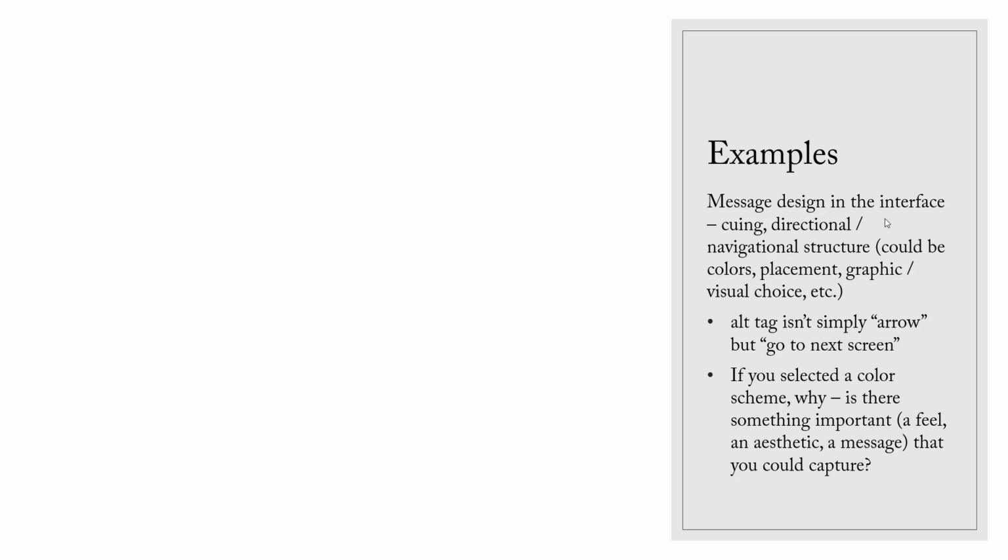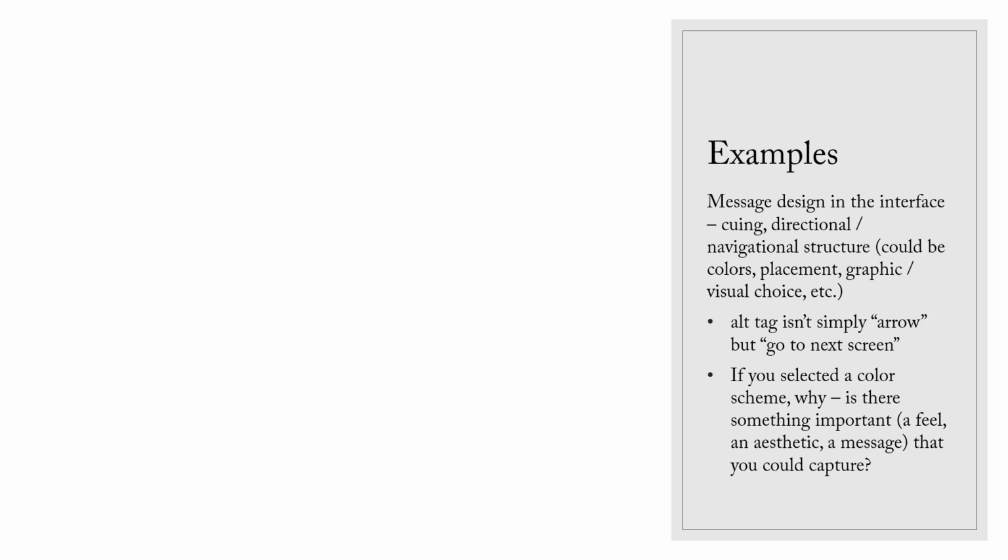They're functioning like stimuli. So an alt tag in this case shouldn't simply be "arrow", but really thinking about, well, what does this mean? What message does the arrow communicate? For example, go to the next screen. If you select a color scheme, then why? Why is it there?